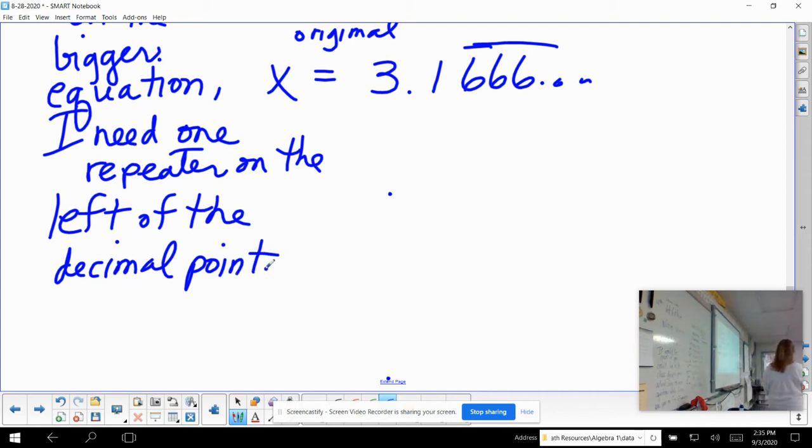So we have to create an equation that has one of those sixes on the left. So we ask ourselves, how many moves will it take? Boom, we gotta be right there. How many moves was that? Well, each move is a multiplier of 10. So it'll be 10 times 10.